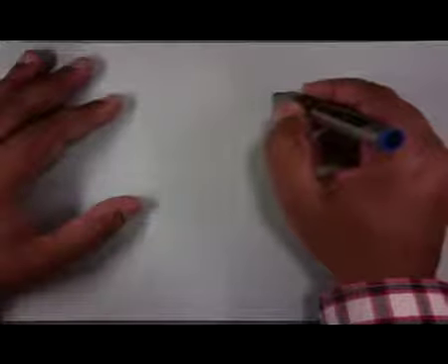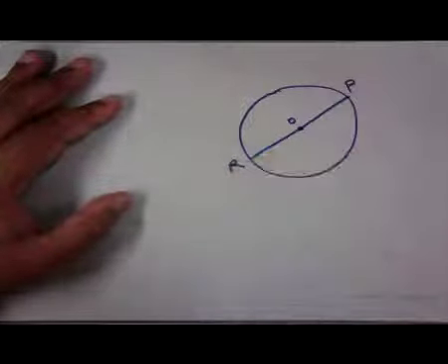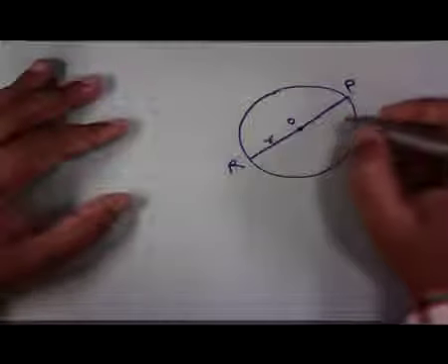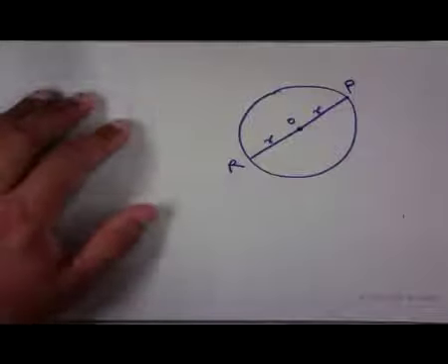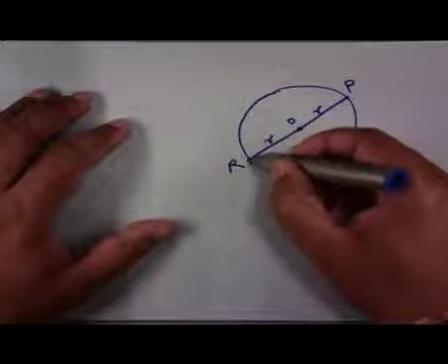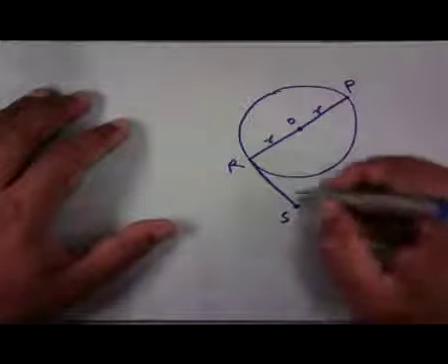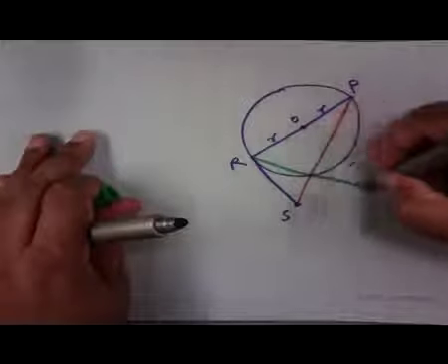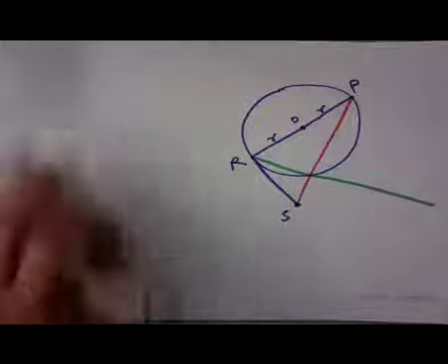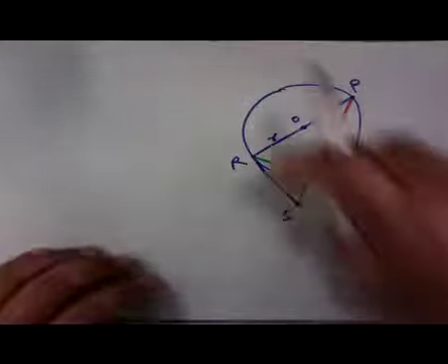Let us say this is the center O, we have a diameter PR, the radius of the circle is r, and we have two tangents RS and PQ.